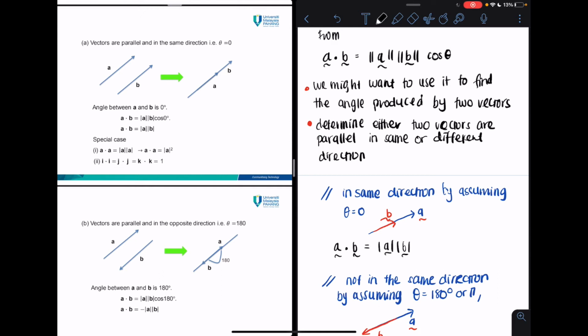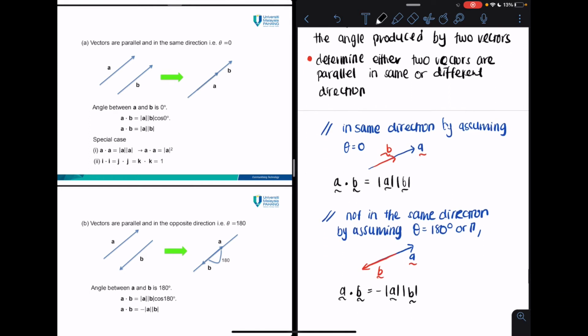Let's take a look at the elaboration on how to use the theorem to show that they are parallel in the same or different direction.